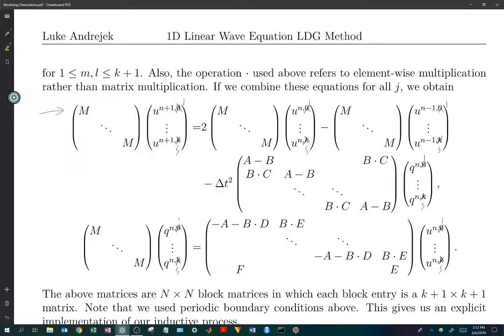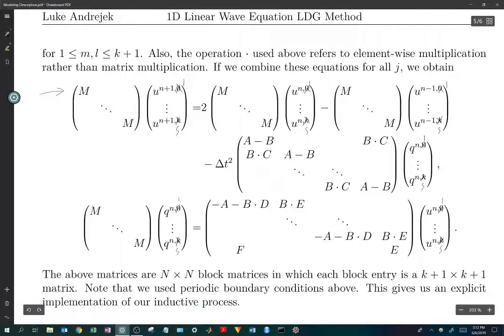So, the above matrices are capital N by capital N block matrices. I do have a variable that I'm using, capital N. Capital N is the number of cells that we're using. So this should be j between 1 and capital N. Alright, so that's how we do this.